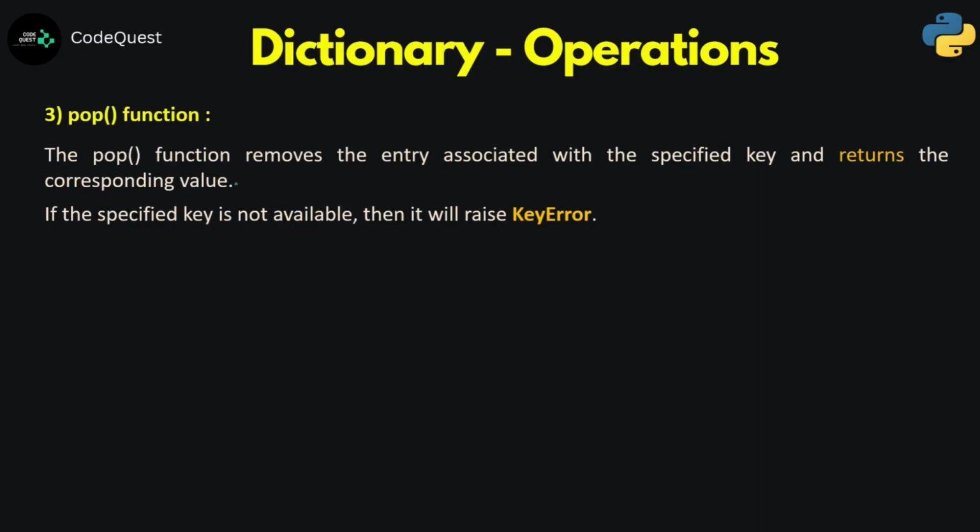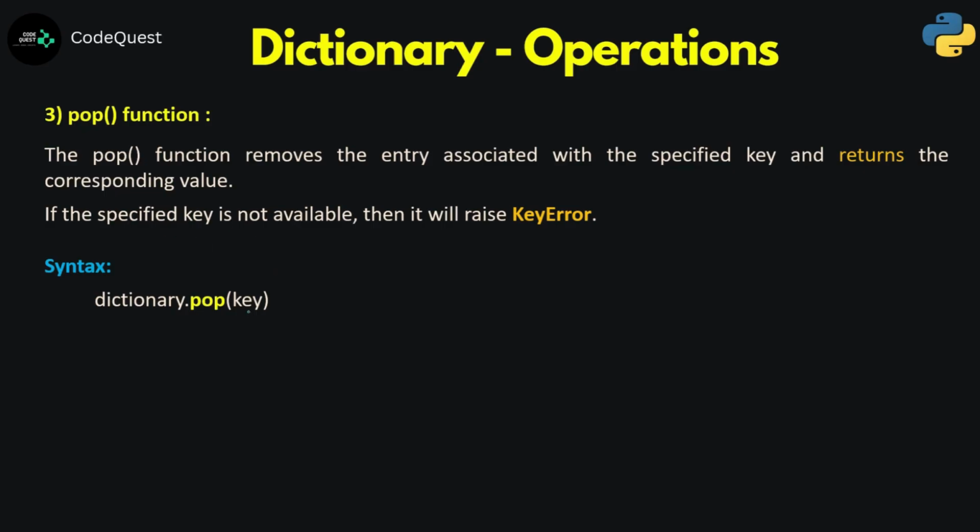The pop function removes an entry associated with a specified key and returns the corresponding value. In case the specified key is not available, it is going to raise a KeyError. The syntax is: we take some dictionary and apply pop, and along with this we specify the key. If this key is available, its corresponding value is returned and the entry is removed.